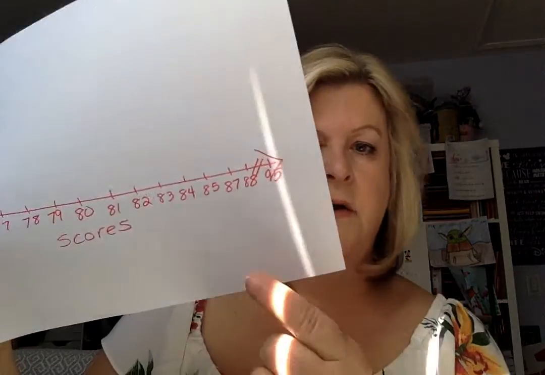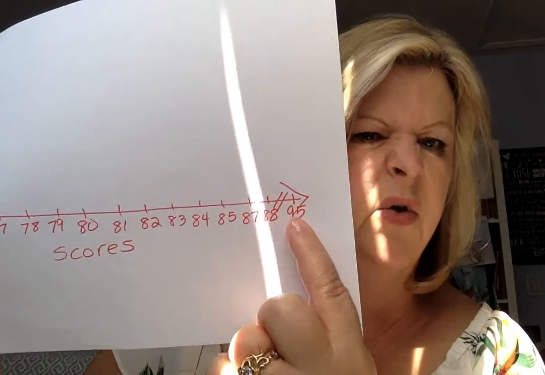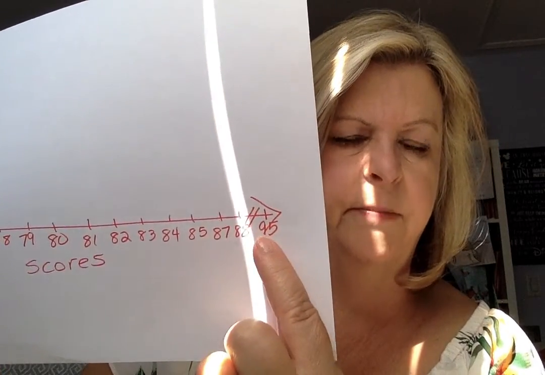I could count by 2s, I could count by 5s, I could do whatever I wanted. I'm going to show that there's a gap here, and I'm going to go to 95. So again, I did those 2 lines to show that I know there are numbers in between, but I'm just jumping to 95.